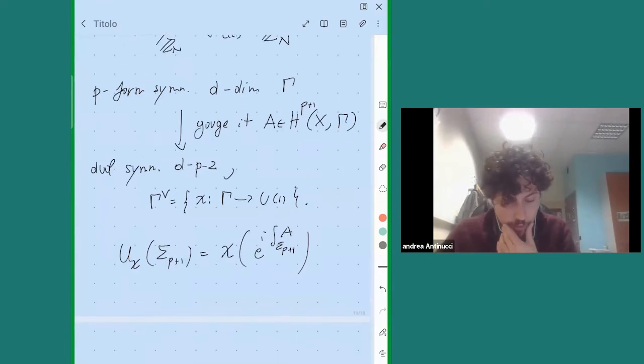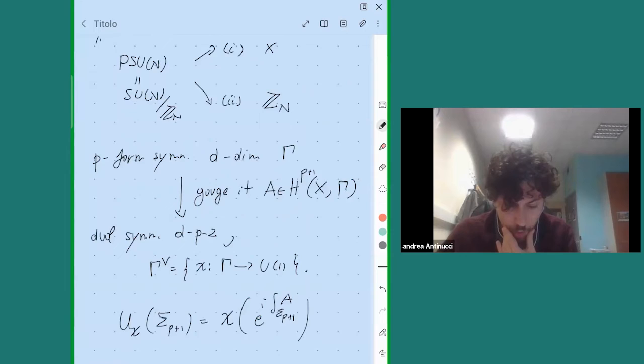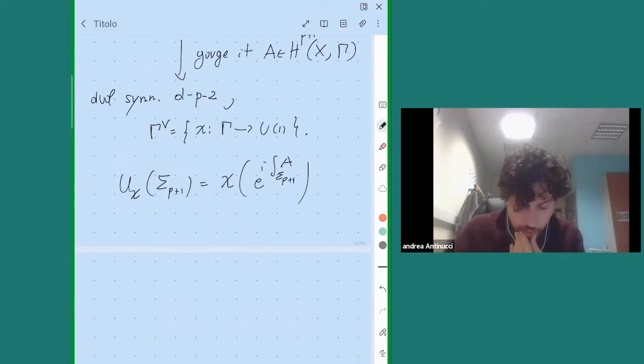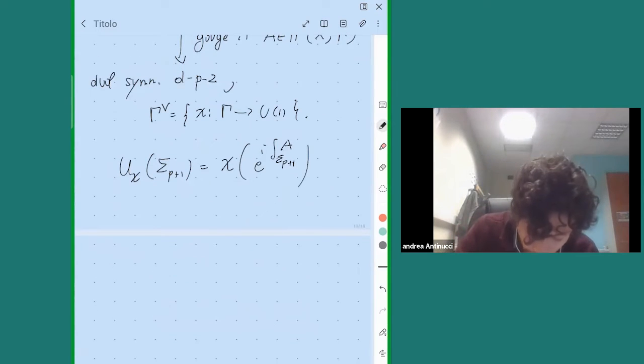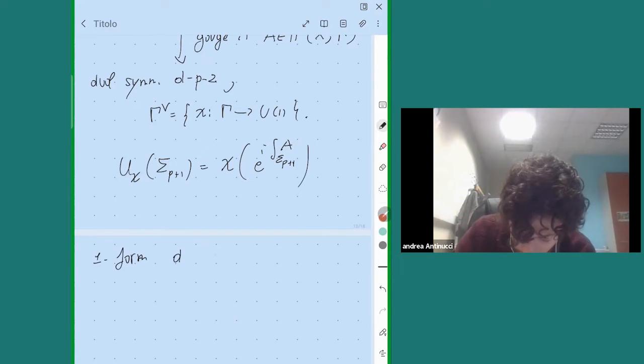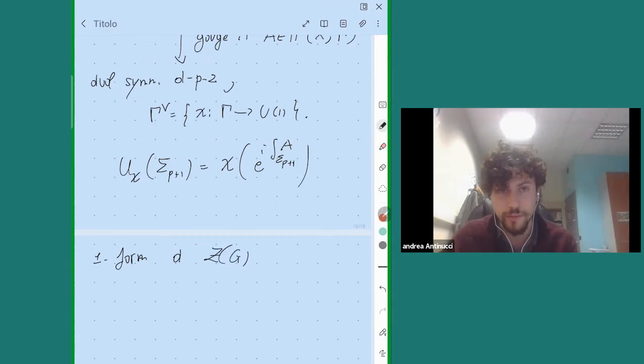Applied to the case of non-abelian gauge theories, you start from a one-form symmetry in the dimension. So you have the center symmetry. Let's say you start from a simply connected group. It has a center symmetry, but no magnetic symmetry because the π1 is trivial.